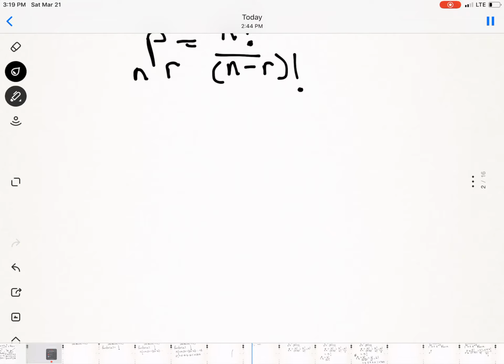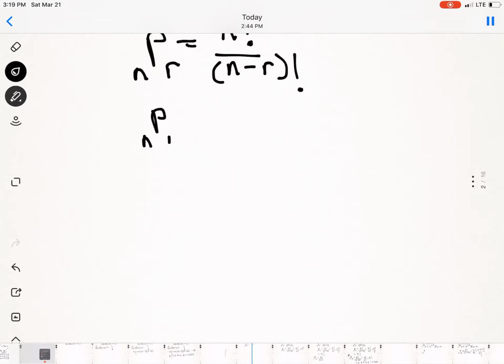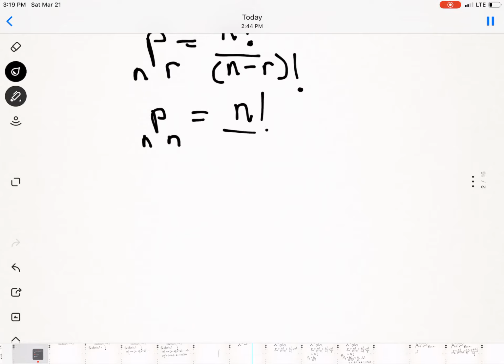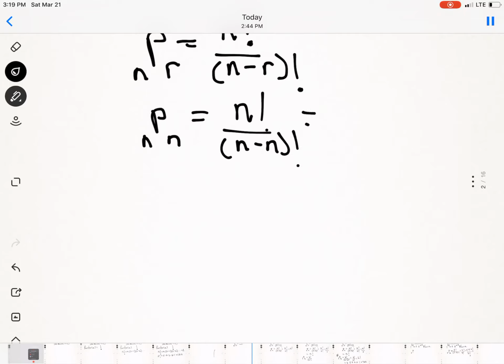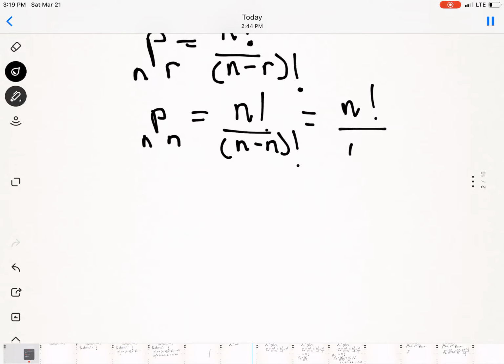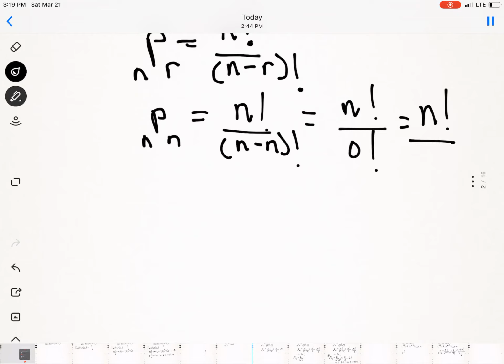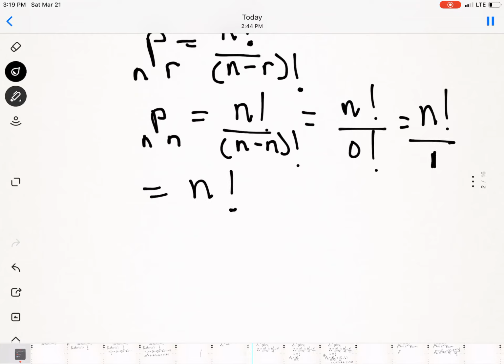Now, supposing that r is the same thing as n, you would have n factorial over n minus n factorial. And what is n minus n factorial? That's 0 factorial, which is 1, so it's just n factorial divided by 1, which is n factorial.